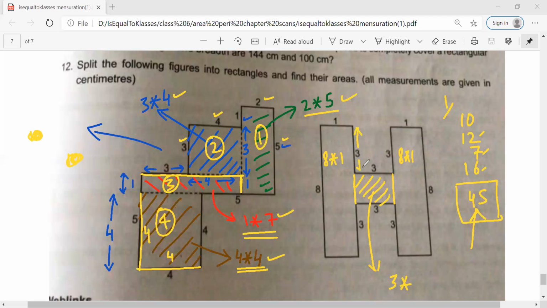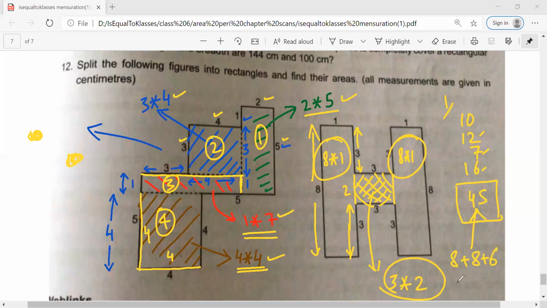This is 3. This is also 3. 3 plus 3 is 6. This whole is 8. So it will be 2. Shabash. So this would be 3 into 2. So the answer would be 8 plus 8 plus 6. So the answer would be 16 plus 6 is 22.